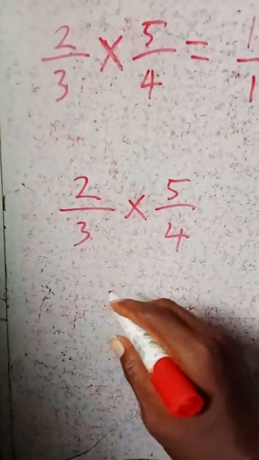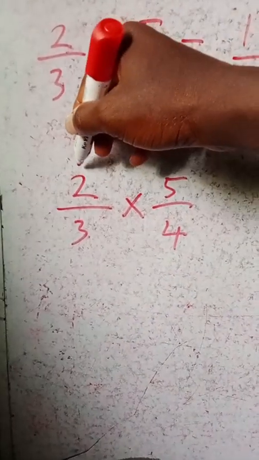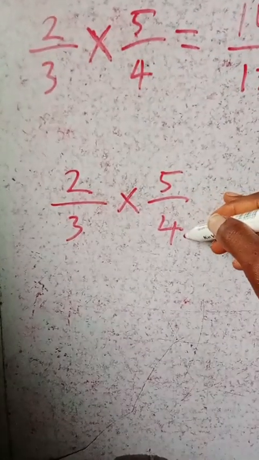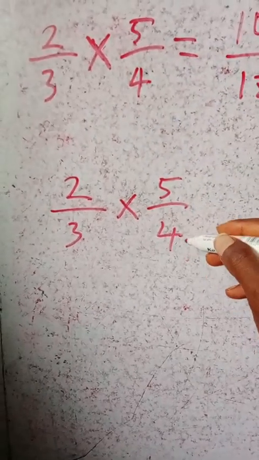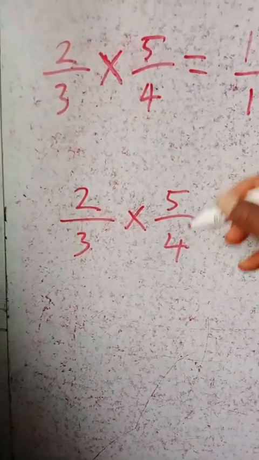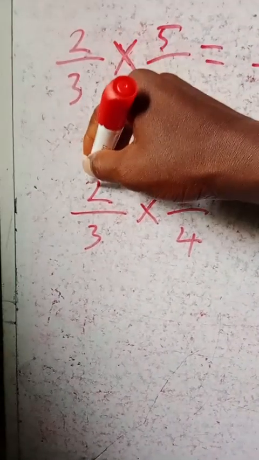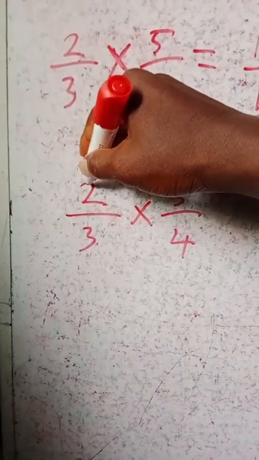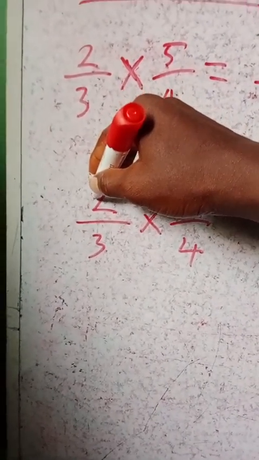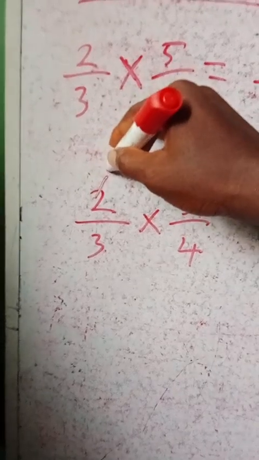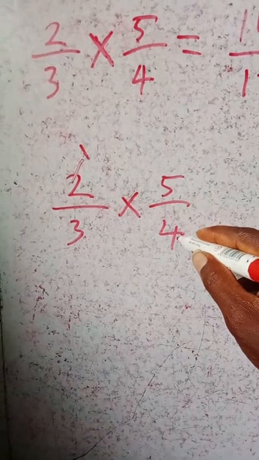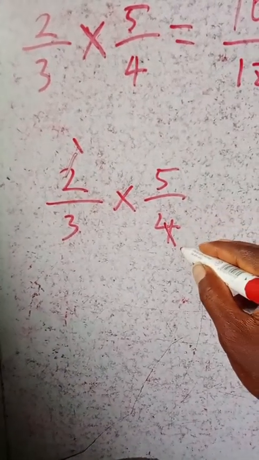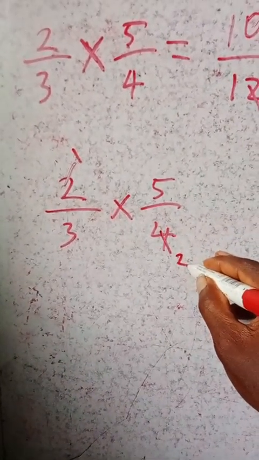It's only 2 and 4 that have common factors. So we are going to simplify from here so it will be very simple. How do we do that? 2 divides itself and it will be 1. When 2 divides 4, it will be 2.